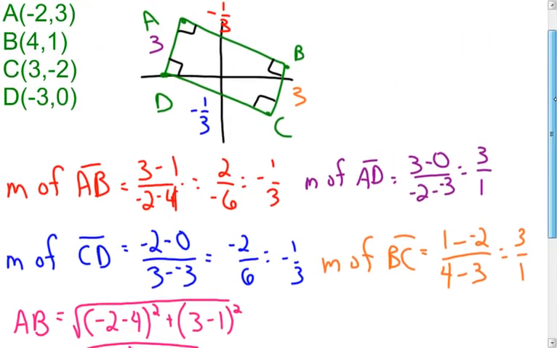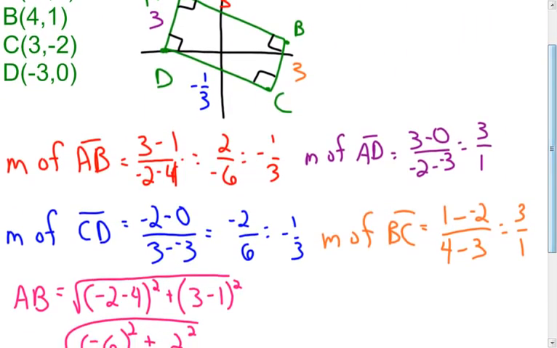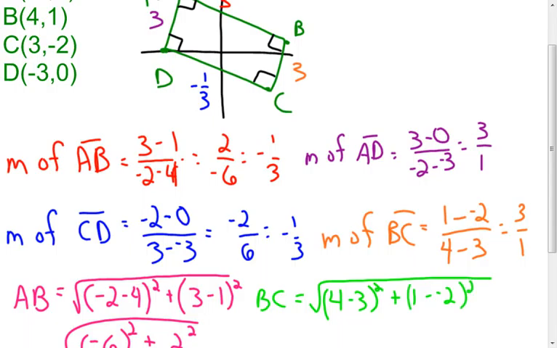And then I want to find the length of segment BC. So the length of segment BC is going to be equal to, and I have to do my distance formula again, 4 minus 3, squared, plus the 1 minus -2 squared.